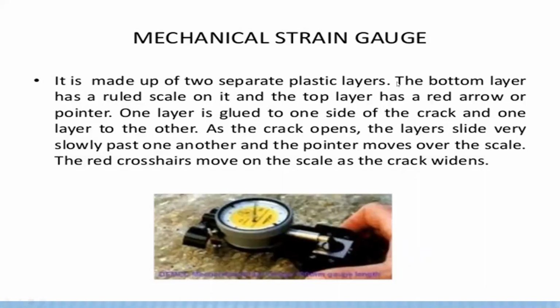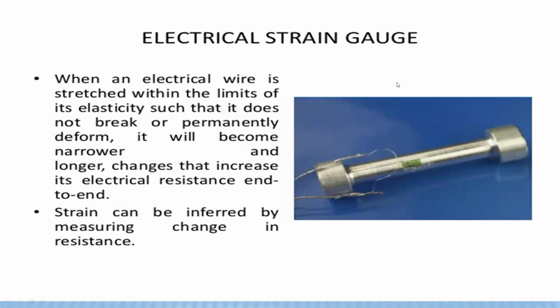And next one, electrical strain gauge. When an electrical wire is stretched within the limits of its elasticity such that it does not break or permanently deform, it will become narrower and longer, which increases its electrical resistance end to end. Strain can be inferred by measuring the change in resistance.